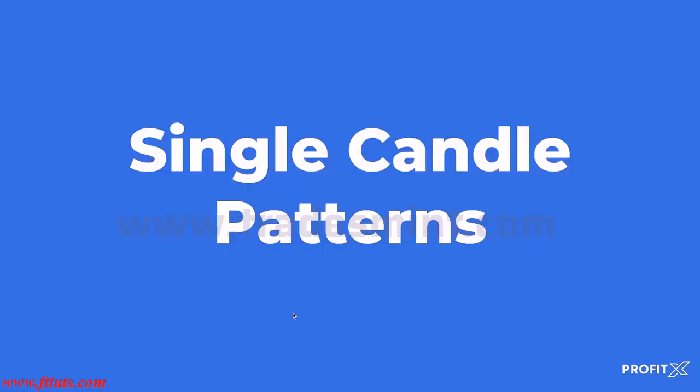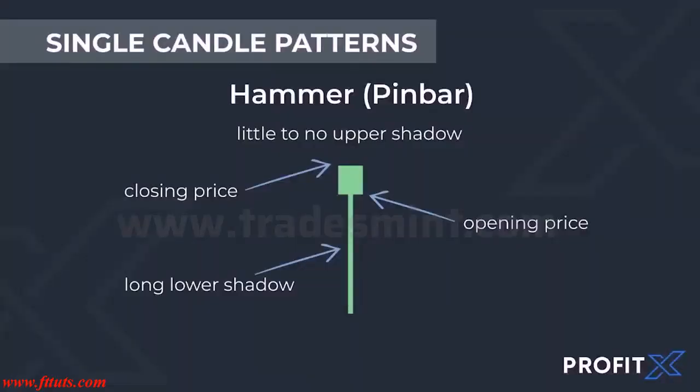Now, single candle patterns. We will learn that you have single candle patterns, double candle or 2 candle patterns, triple candle or 3 candle patterns. So we're going to learn the single candle patterns now. All right, now, one of the most important for our trading system, one of the most powerful candles, the one that I love to see in my zone, is the hammer or the pin bar.